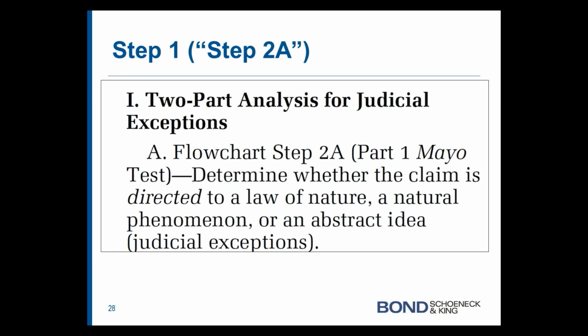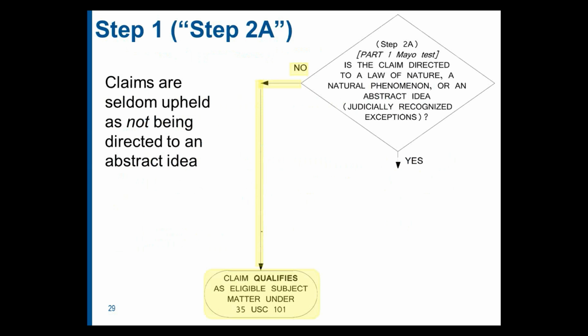So what we've traditionally been referring to as prong or step 1 is what they refer to as step 2A in the flow chart. And that is determining whether the claim is directed to a law of nature, natural phenomenon, or abstract idea. Generally, claims are not upheld based on them not being directed to a law of nature.